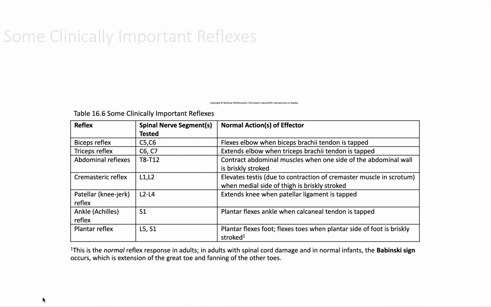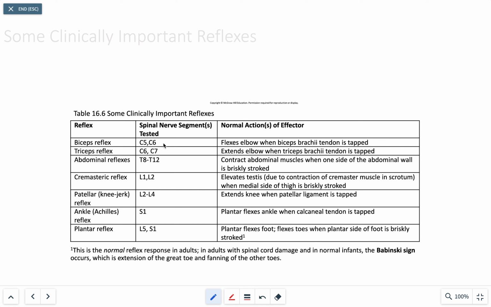These are some clinically important reflexes. You have more than just the monosynaptic reflex, like the stretch reflex of the patellar jerk, or the different types of reflexes like the stretch reflex or the Golgi tendon reflex.